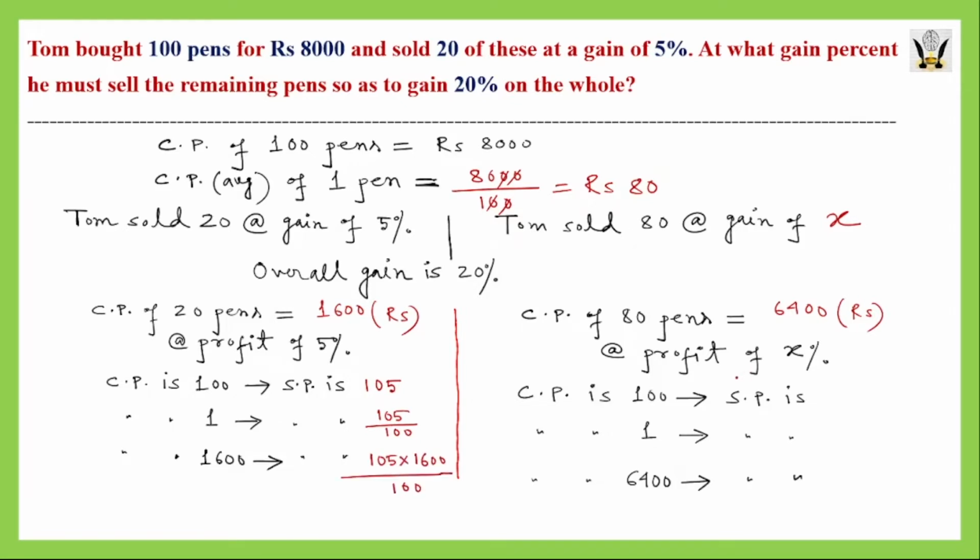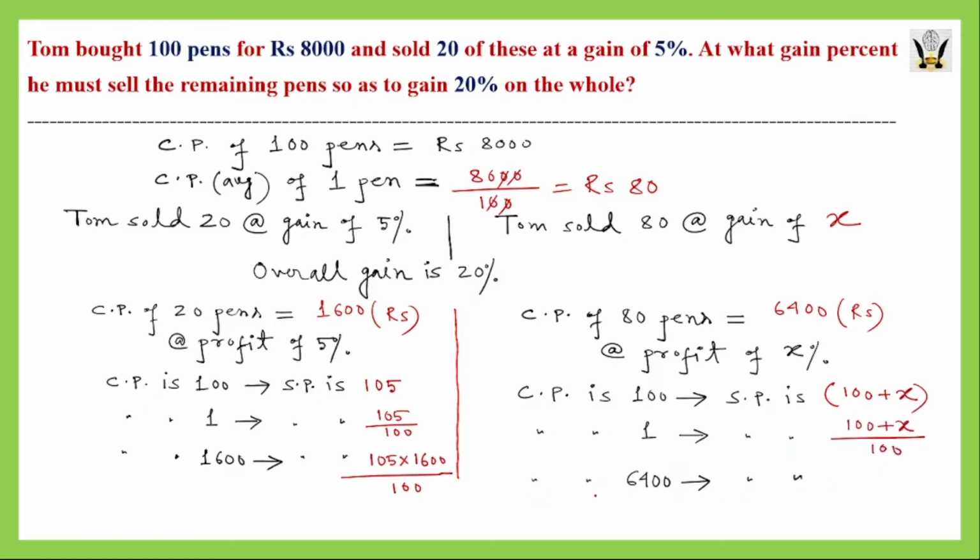Now for the second lot, where we have 80 pens, the profit is X%. So when the cost price is 100, the selling price will be how much? X more than 100, so it will be 100 plus X. If the cost price is 1, then the selling price will be (100 plus X) divided by 100.